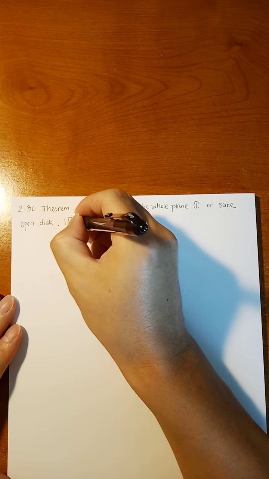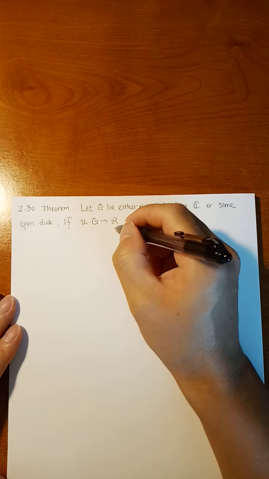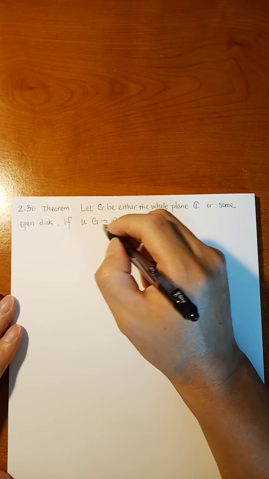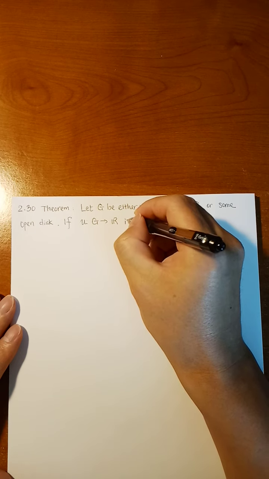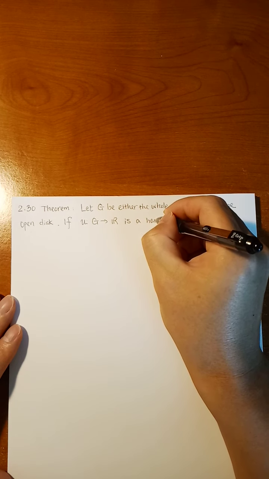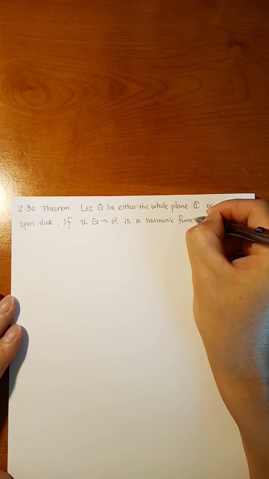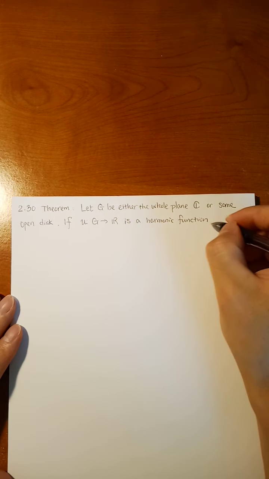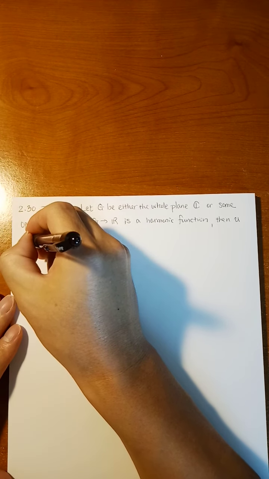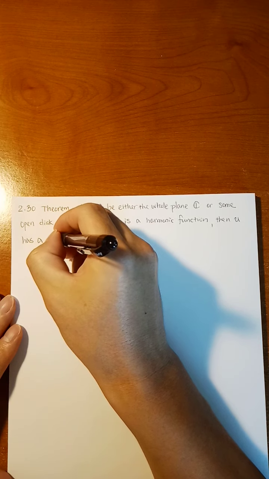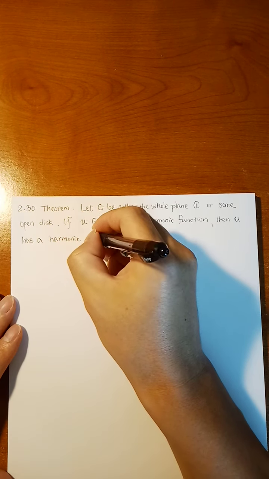If u from G to R is a real valued complex variable function that is a harmonic function, then u has a harmonic conjugate.